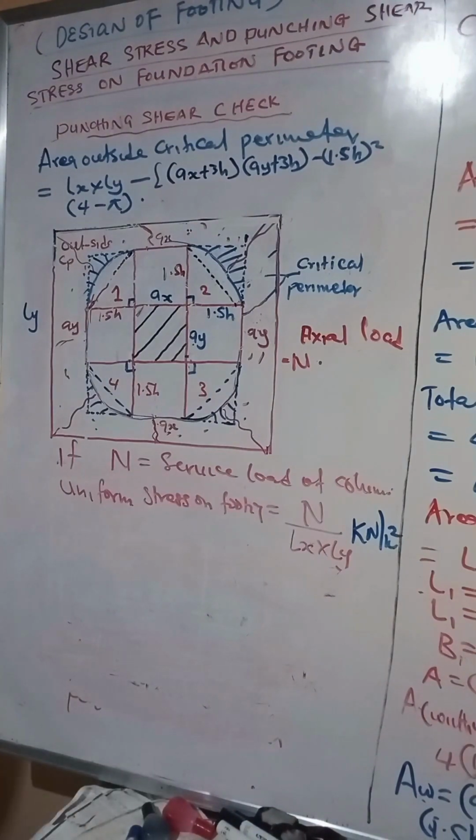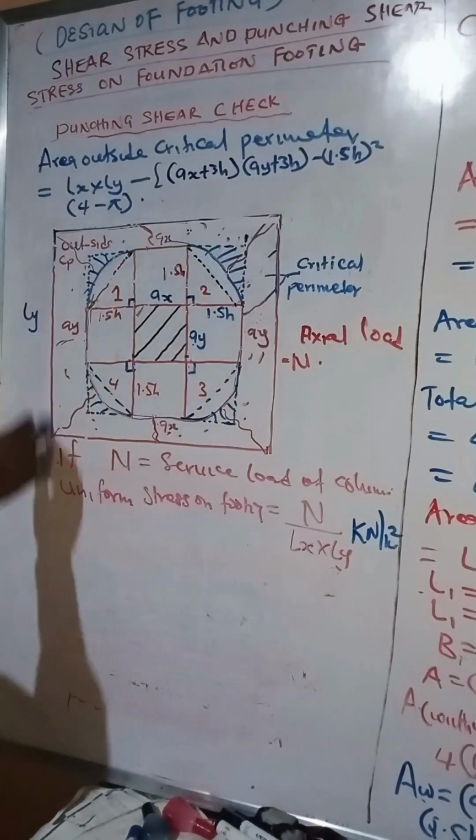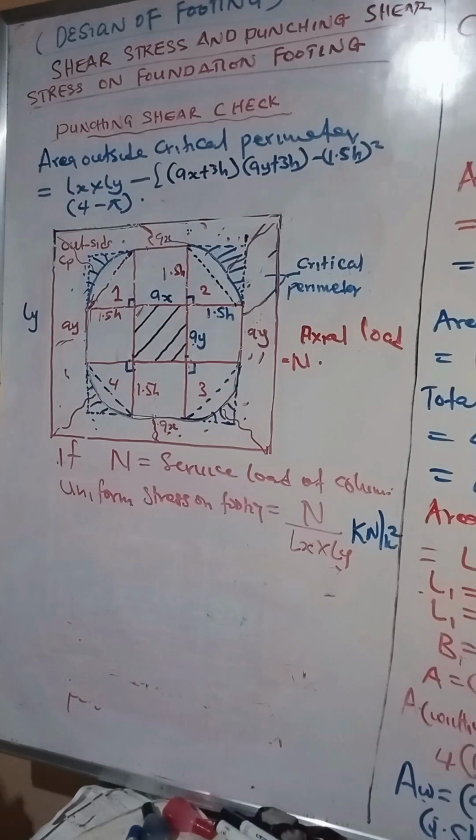Now, in this case, what we want to check, which is our punching shear stress, is not the stress on the entire footing. This is a punching shear, so it is the area that is outside the critical perimeter. So for us to get the stress on the area outside the critical perimeter, we need the stress acting on that area of the footing.